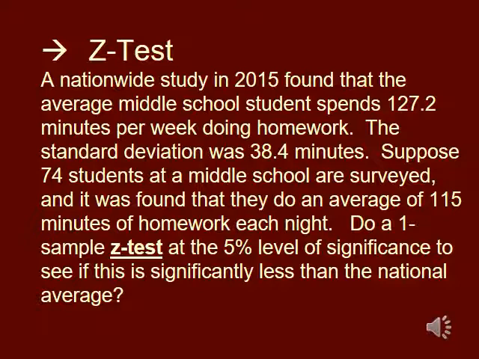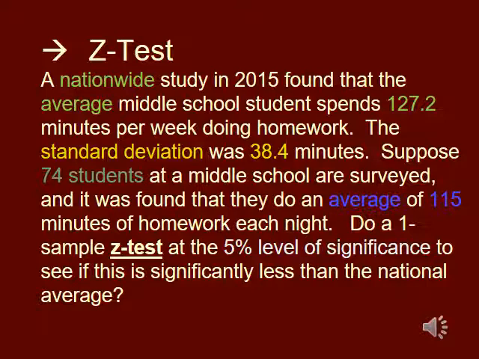Again, the type of test is given to you, at the 5% level of significance to see if this is significantly less than the national average. The important thing to do is to figure out which number is which when you go through any sort of a test. And you'll notice I use different colors to kind of make those jump out.